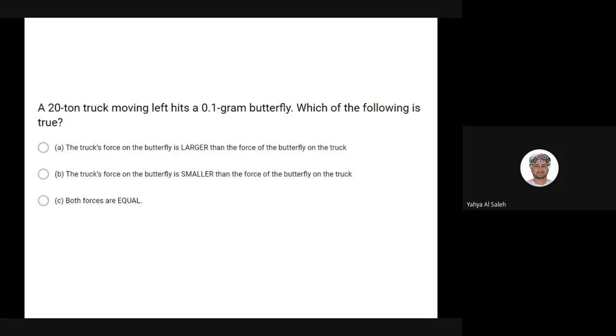A 20-ton truck moving left hits a 0.1 gram butterfly. Which of the following is true? The truck's force on the butterfly is larger than the force of the butterfly on the truck, or the truck's force on the butterfly is smaller than the force of the butterfly on the truck, or both forces are equal. Remember, F equals ma.